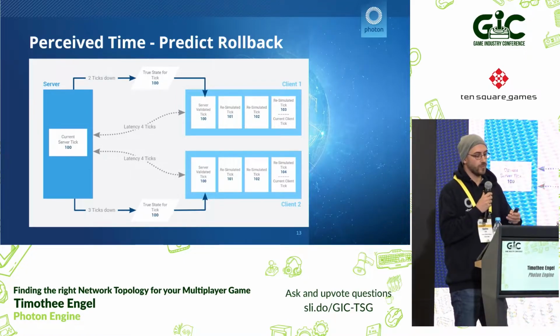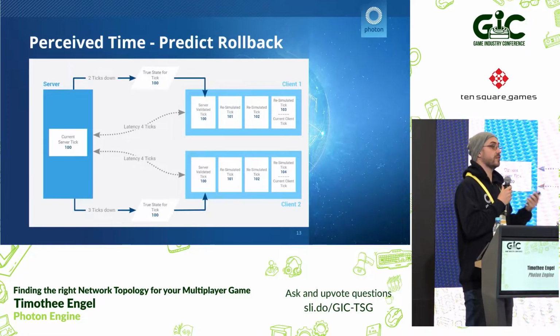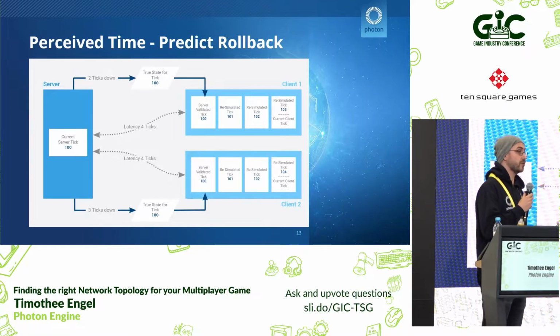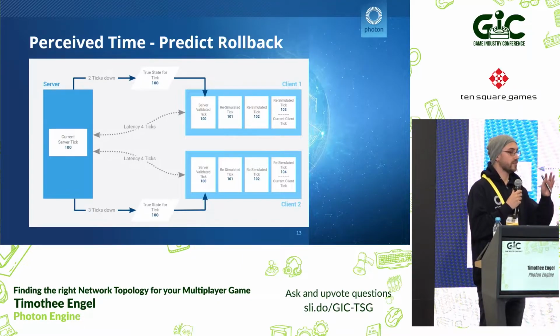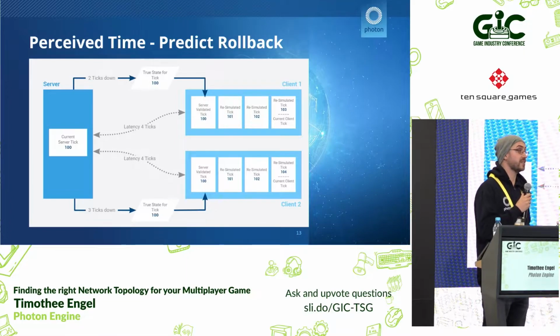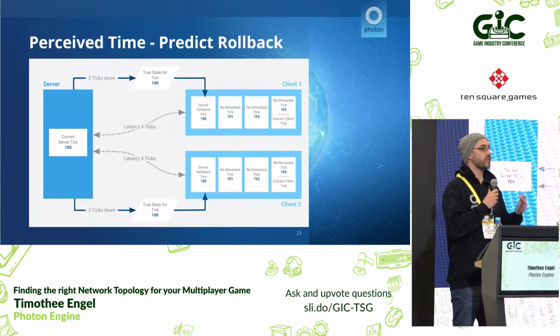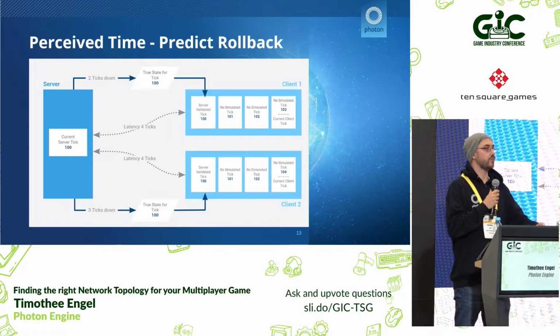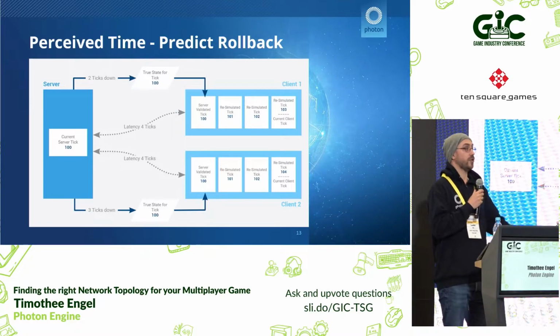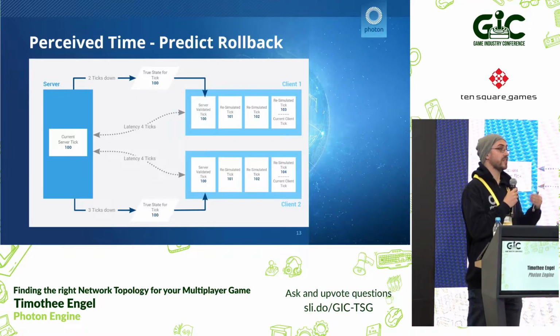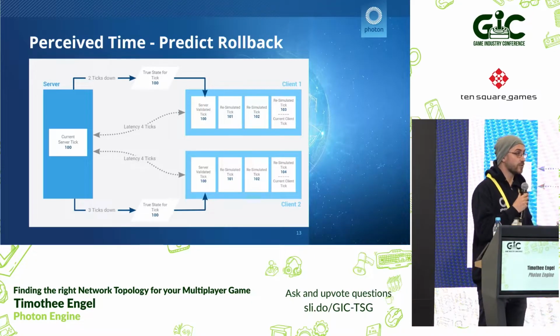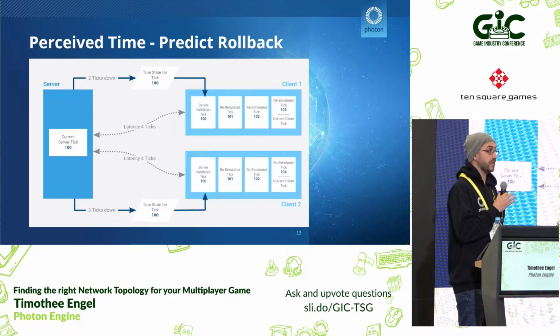And therefore, every time it gets the confirmation, okay, this was the actual game state or the input of a player at that exact point in time of the simulation, so at this specific tick number, the simulation needs to basically roll back the state of the game, meaning go back in time, and then resimulate each step until it has reached its local time, that is the perceived time of the player.